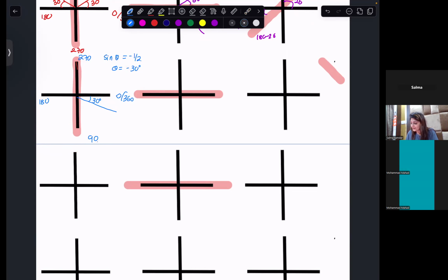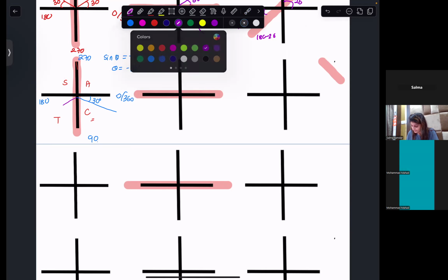So the equivalent of it would be where? Here we had this, sine, right? Remember the CAST rule: here only cos is positive, and here sine is positive. Here all are positive, sine is positive, cos is positive, tan is positive. So the other one would be here. Why here?